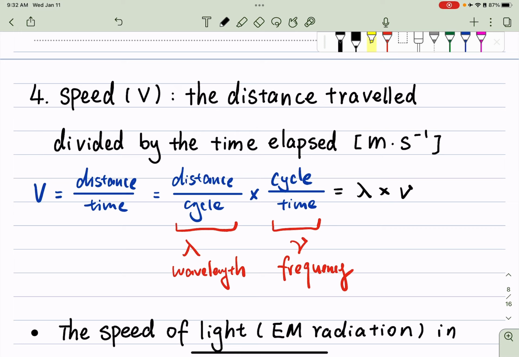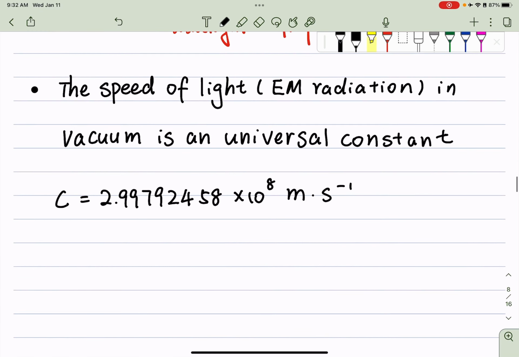And that's connected to light waves. Remember last class, we talked about the universal constant. The speed of light, or in general electromagnetic radiation, including X-ray, UV light, visible light, gamma ray, and all the electromagnetic waves. The speed of electromagnetic radiation in a vacuum is our universal constant.